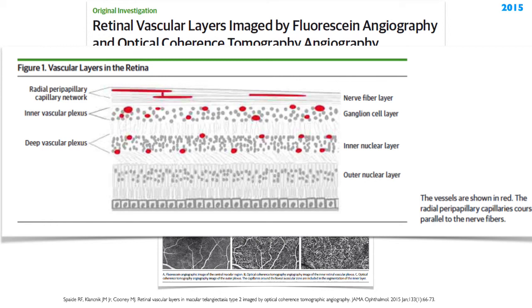And from this image, it was clear that we had three different vascular layers. In fact, we have the radial peripapillary capillary network at the level of the nerve fiber layer, the inner vascular plexus at the level of the ganglion cell layer, and then the deep vascular plexus at the level of the inner nuclear layer.